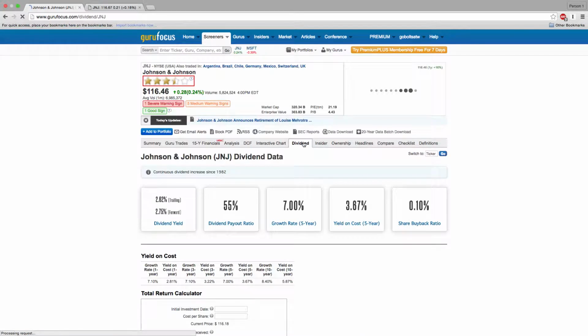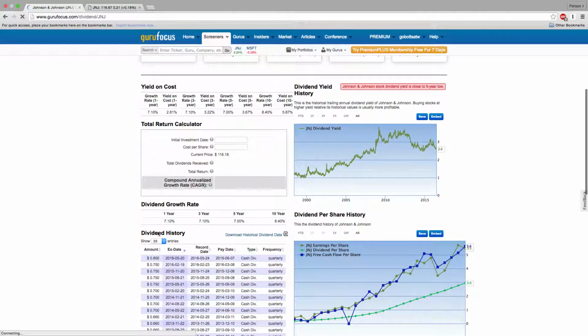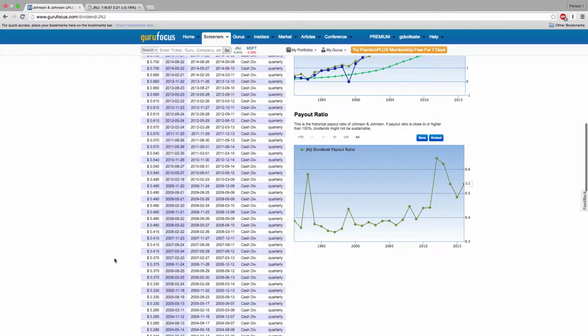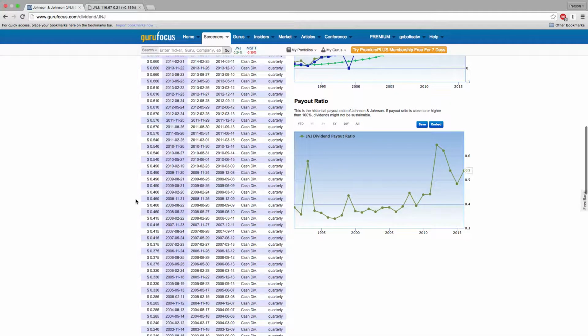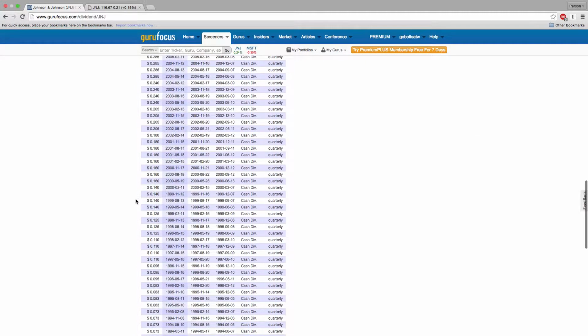Click on dividend. Scroll down. Change this to 100 entries. Scroll down, and you'll notice that they have a great dividend payment history. Pays a dividend faithfully every quarter. Seems like they raise it every year. That's really good.